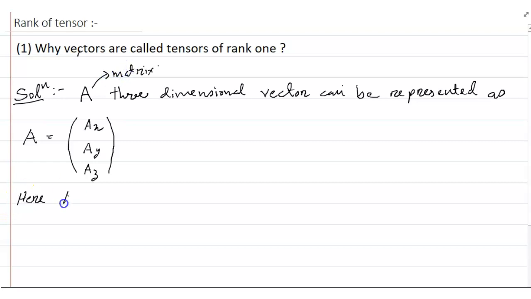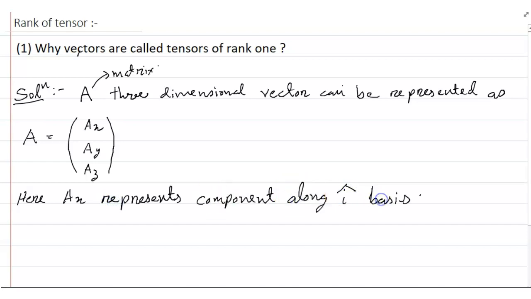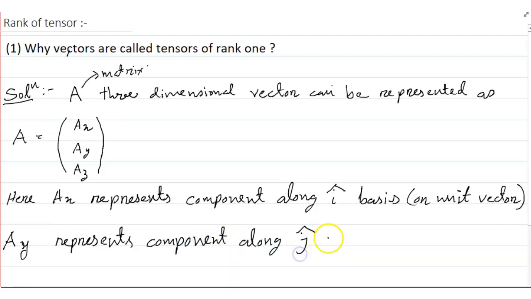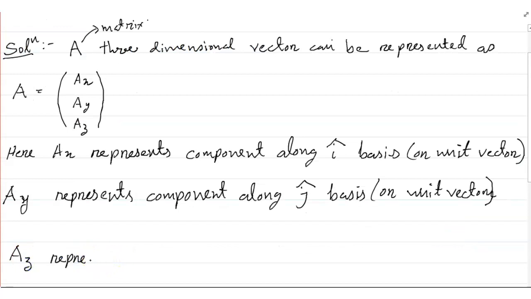Here Ax represents the component along the i basis or unit vector, Ay represents the component along the j basis or unit vector, and Az represents the component along the k basis or unit vector.